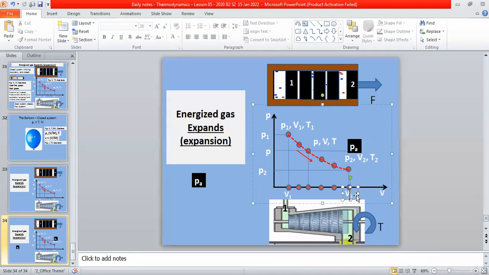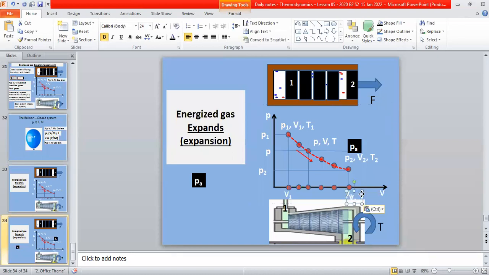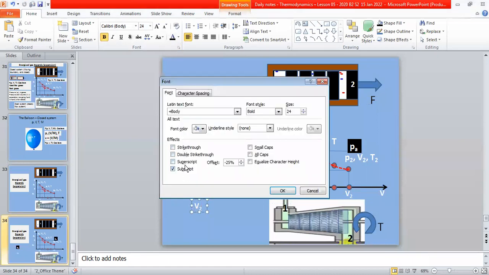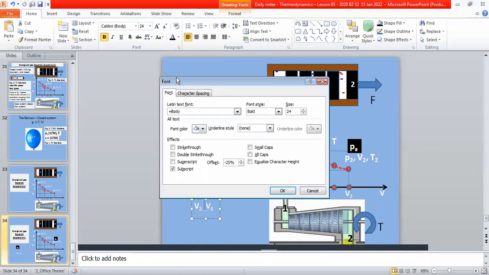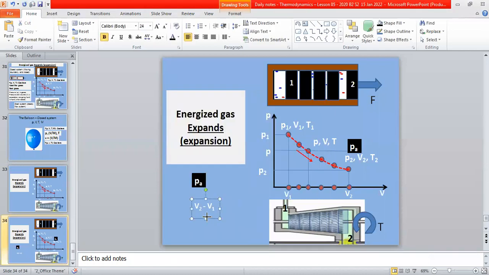So the expansion is V2 minus V1. This is the expansion.